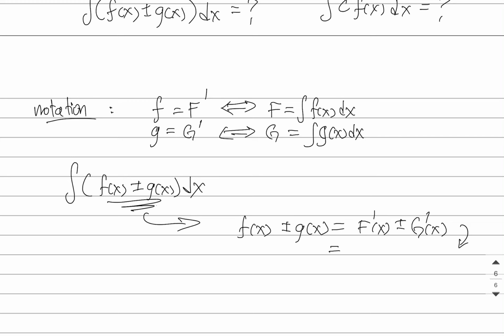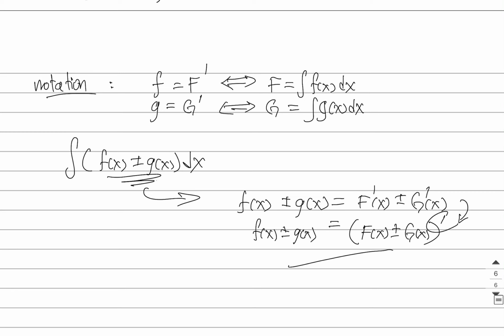And here I get to use them in reverse. So it'll be f of x plus or minus g of x all prime. That's the linearity rule in reverse. And that's really all there is to it. Now I'd use a switcheroo. I'm going to switcheroo this to the other side, and I will end up with the following result.